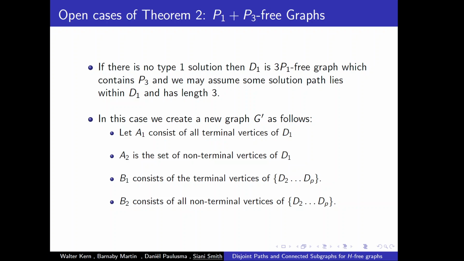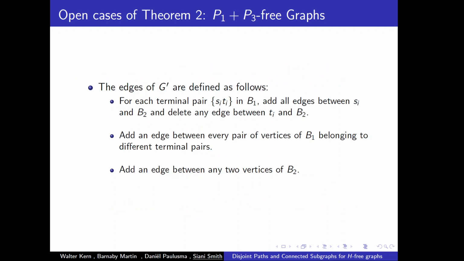We let A1 be the set of all the terminals in D1, A2 the non-terminals in D1, and B1 the terminals of D2 to Dp, and B2 the non-terminals of D2 to Dp. The edges are then as follows. For each terminal pair Si-Ti in B1, we add all edges between Si and B2, but delete all edges between Ti and B2.